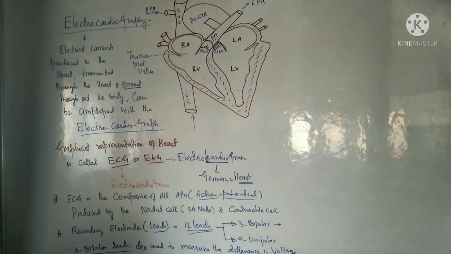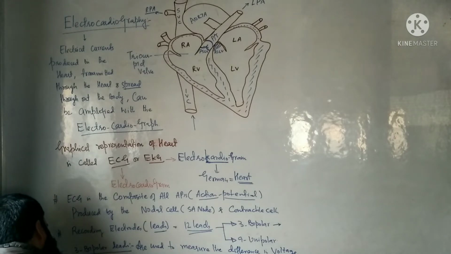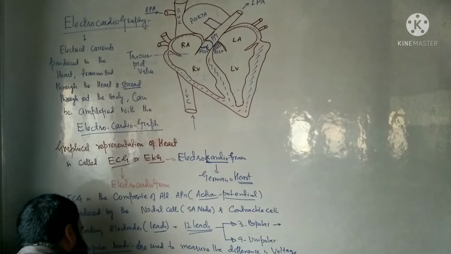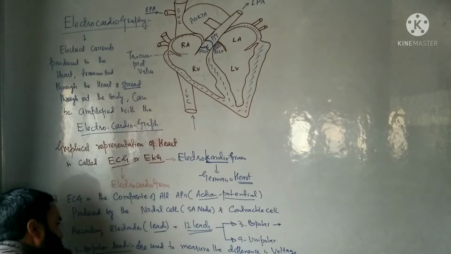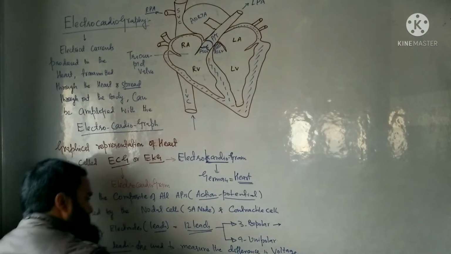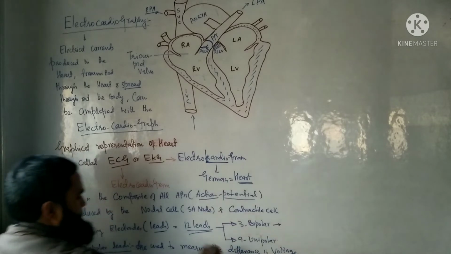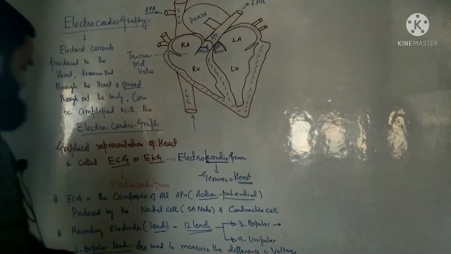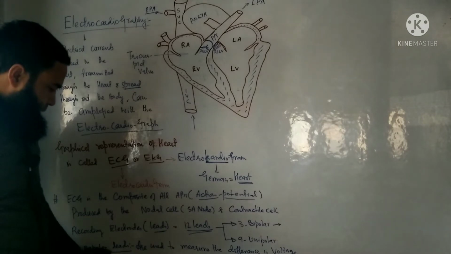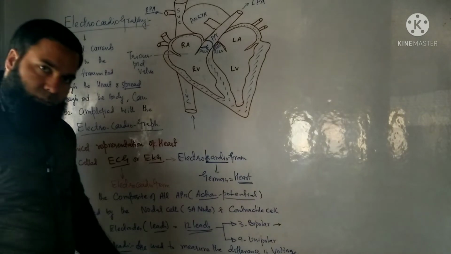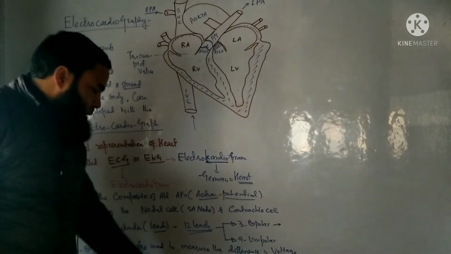These leads are placed between the arm and leg or between the arms. We use 3 bipolar leads to measure the difference in voltage, placed between the arms or between the arm and a leg.